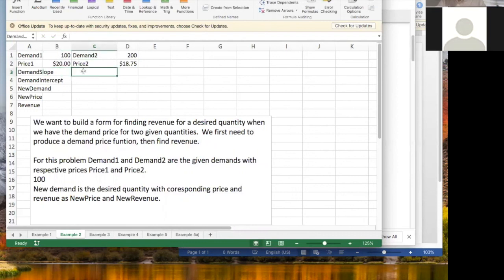If I want the demand slope, that's rise over run, and demand is the run and price is the rise.